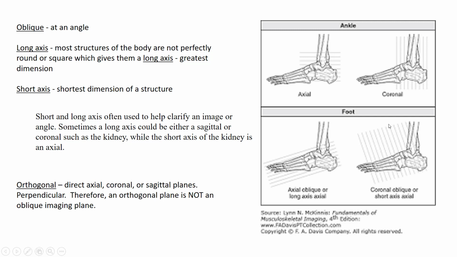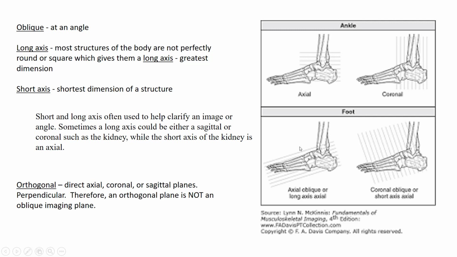This is where it becomes really important to understand how somebody is describing anatomical position, because if the feet are flat, it's going to be different than if the feet are pointed down. So with the feet flat, your coronal oblique will give you the short axis of the foot and the foot bones here, but the axial oblique will give you the long axis of the bones of the foot.